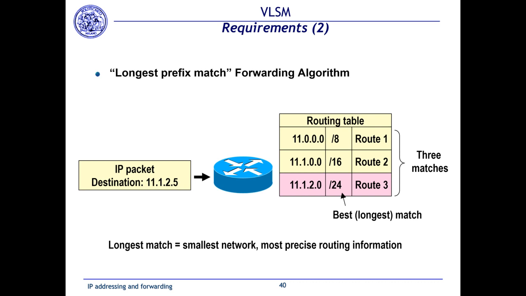So the most precise routing information is surely the last line, because it's a /24, so it's a small target inside a larger target. So according to longest prefix matching, the packet will be sent to this output.